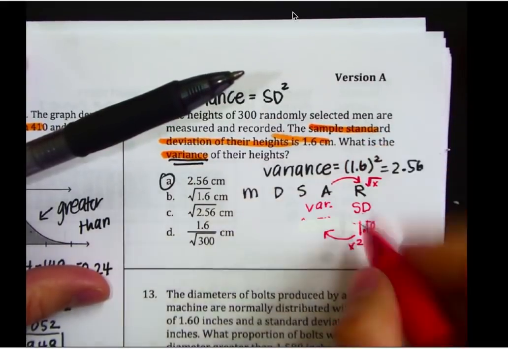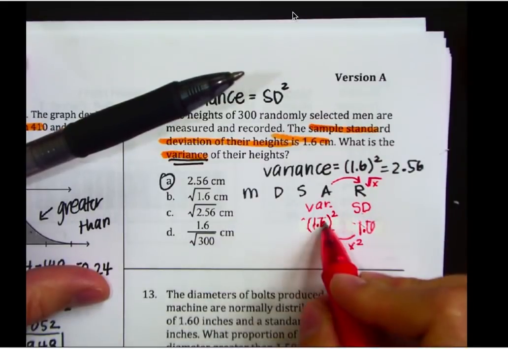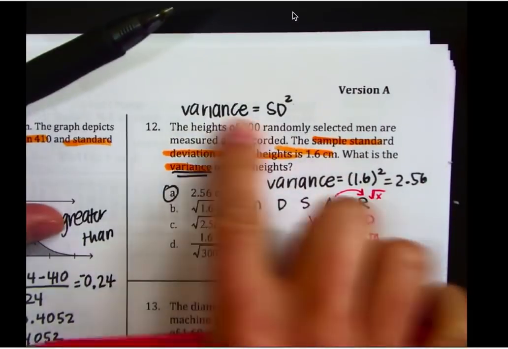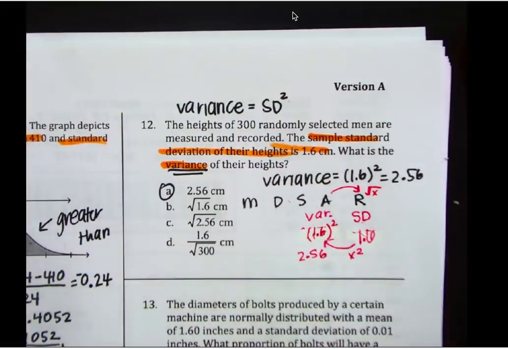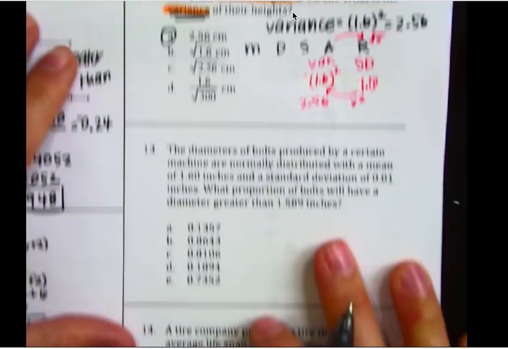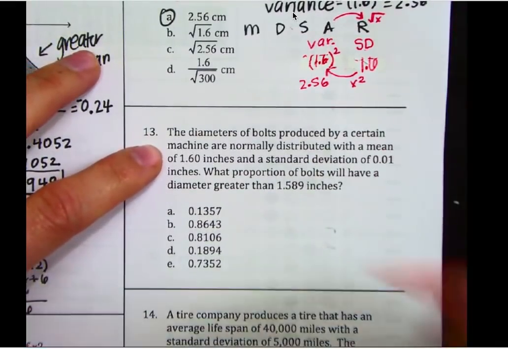Sorry guys, I'm making mistakes. So to go backwards to the variance, we just square 1.6. So you get 2.56. But I think just memorizing that variance is standard deviation squared is going to help us be successful with that question.